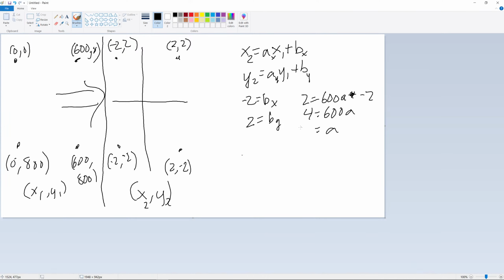A equals 2 over 300. And then we'll use the other two coordinates to double check.